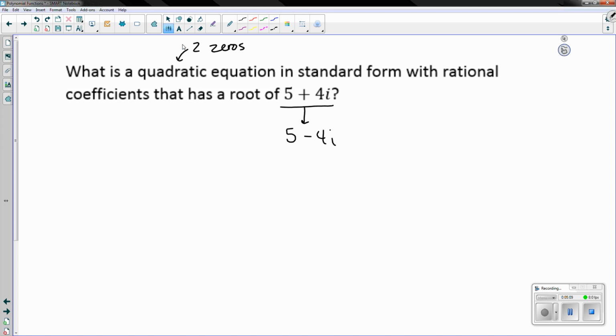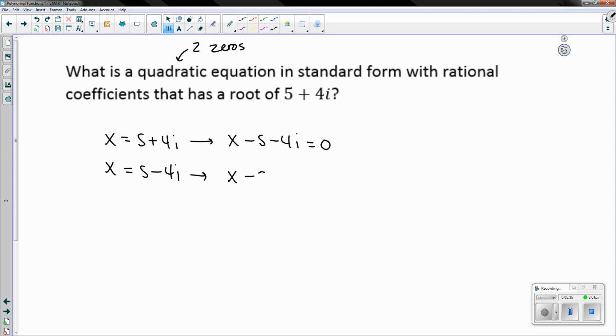Once we have those two, this now just becomes an exercise of polynomial multiplication. So we have x equals 5 plus 4i, and x equals 5 minus 4i. From these two zeros, we can generate linear factors. By moving things back to the left and setting these equal to 0, x minus 5 minus 4i is equal to 0, and x minus 5 plus 4i is equal to 0.